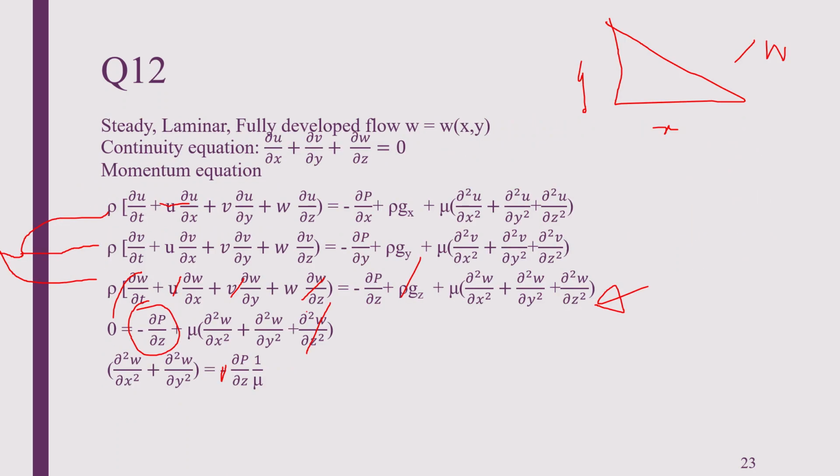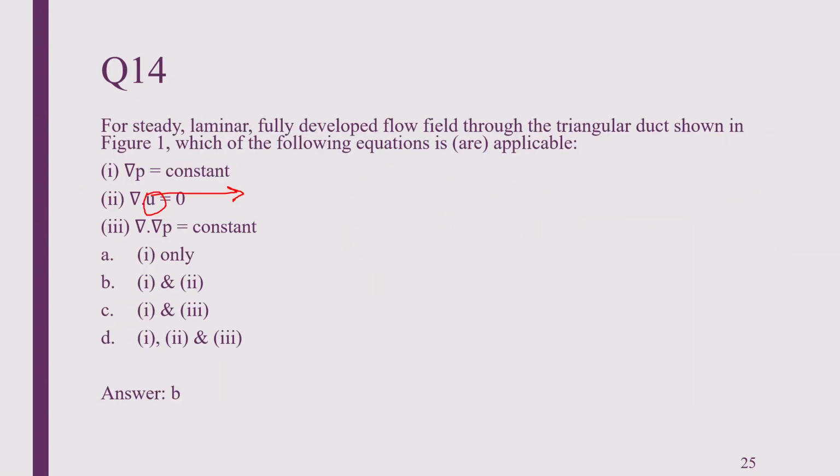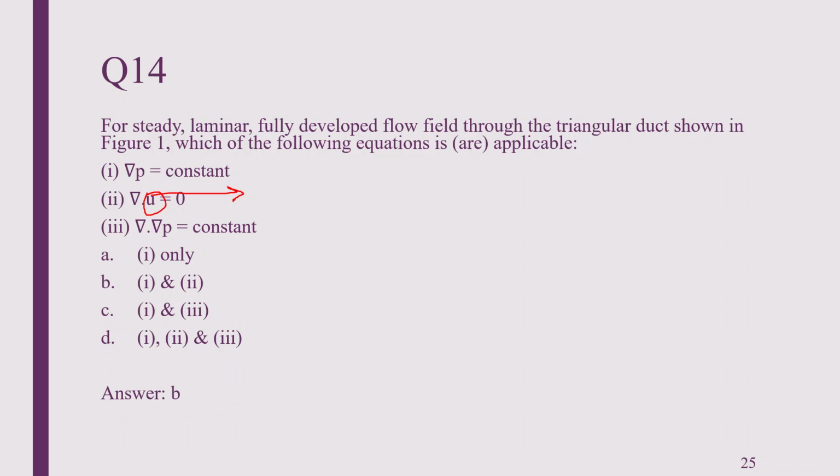So as we can see, in momentum equations what we have is del dot u is equal to 0. And in the previous case also we have seen that del p can be constant. So if we keep the pressure gradient variation as a constant, we can have del p equal to constant.